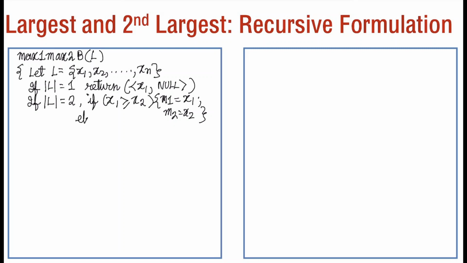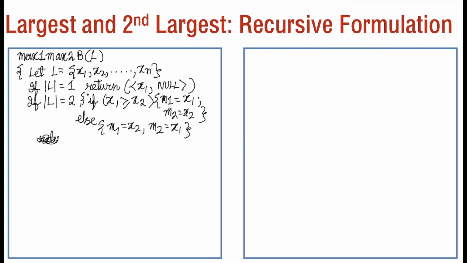Else we have m1 equal to x2 and m2 equal to x1. This is what we have at this stage if the length of L is 2, and we return accordingly.